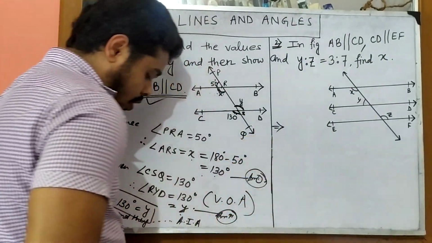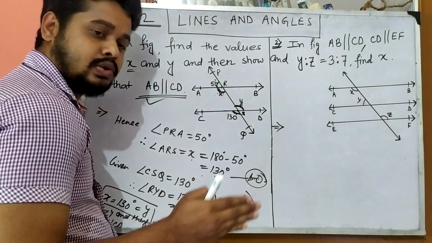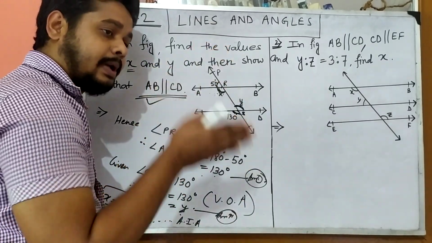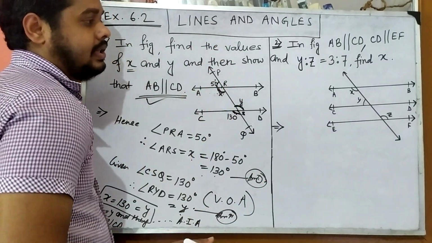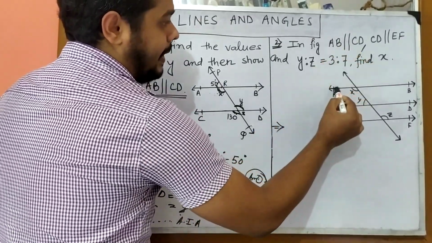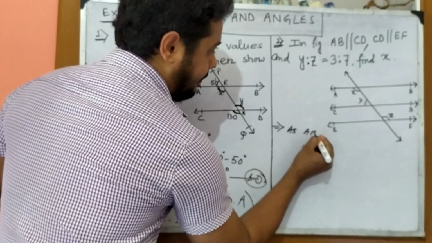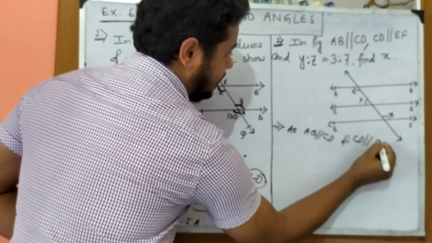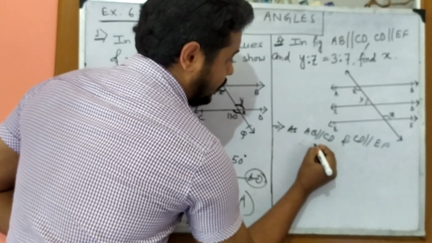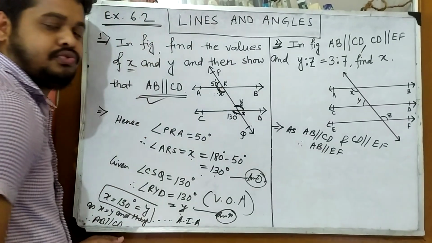We already know a property: if one line is parallel to another line, and another line is parallel to that line, then these two are also parallel. So as AB is parallel to CD and CD is parallel to EF, therefore AB is also parallel to EF.